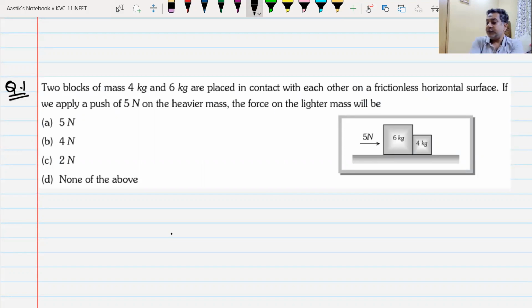Two blocks of mass 4 kg and 6 kg are placed in contact with each other on a frictionless surface. If we apply a force of 5 Newton on the heavier block, what is the force on the lighter block? First of all, tell me what will be the acceleration of this system?